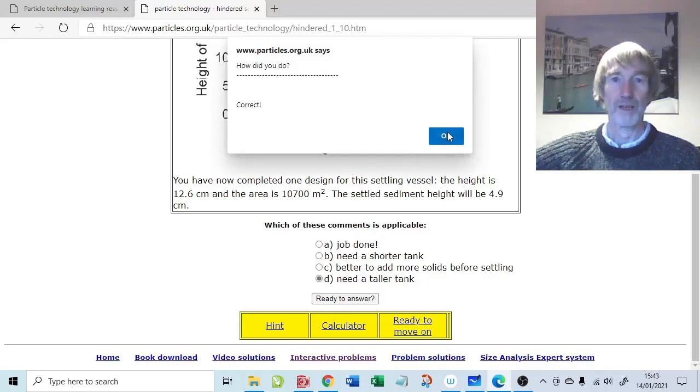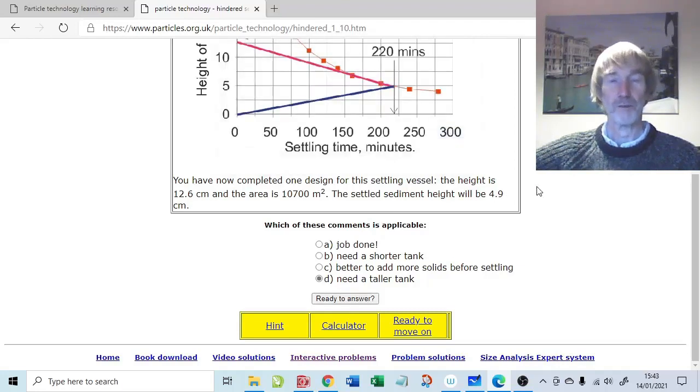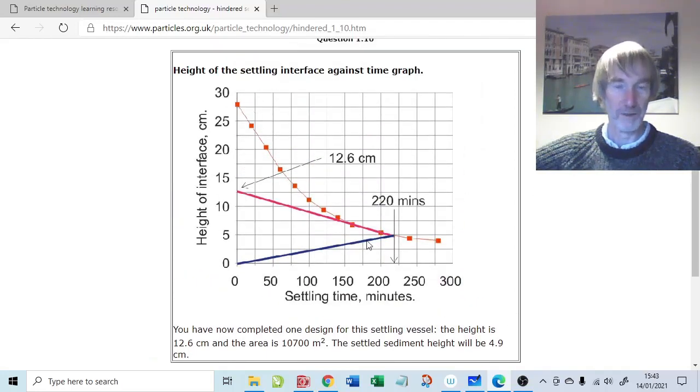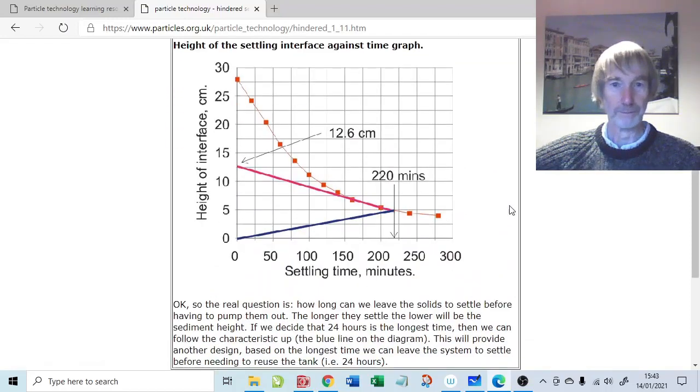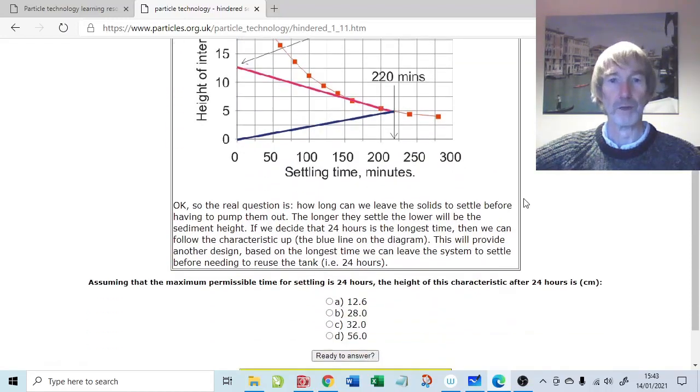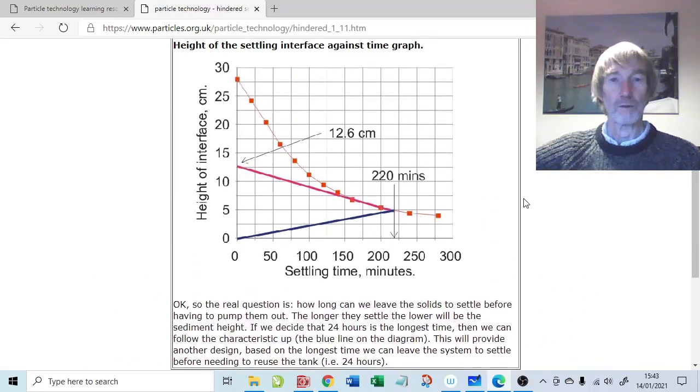Correct. We've shown that following the material balance, following the settling, the sedimentation theory, we can design this tank, but there is no way in practice it's going to work. So we really do need a taller tank. So how are we going to work out what a taller tank would look like? Well, we have an almost infinite set of results here, because it depends on which characteristic you want to consider.